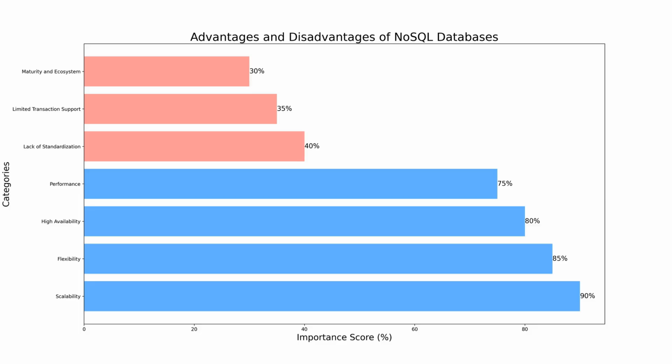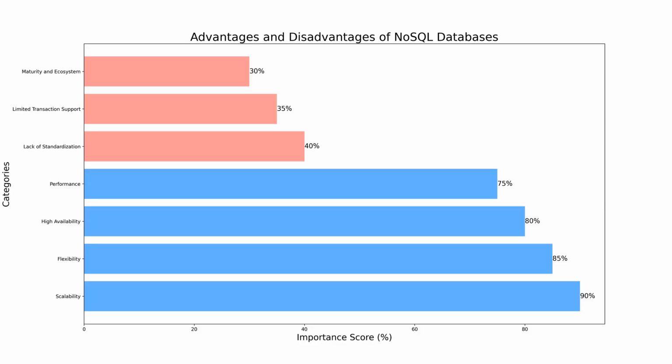You can see that the visual ordering really makes the trade-offs explicit. There's a steep drop from those impressive performance-related strengths, hovering between 75 and 90%, down to the ecosystem and transactional limitations, which sit around 30 to 40%. So, what does this tell us? Well, it indicates that while NoSQL shines at scaling, flexibility, availability, and raw performance, it definitely tends to lag behind in standardization, transactional guarantees, and mature tooling.